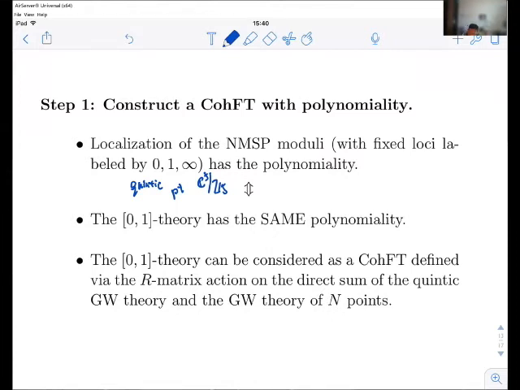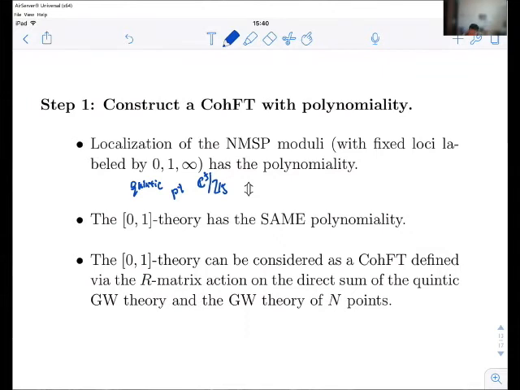So then we can think of this 0-1 theory as a module which has the same good property as the NMSP module space. And the 0-1 theory has the advantage that it can be considered as what we call a cohomological field theory.